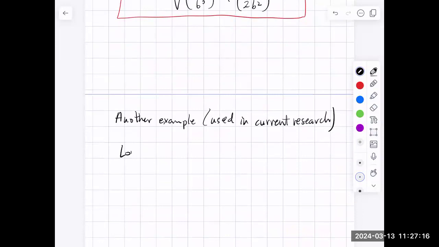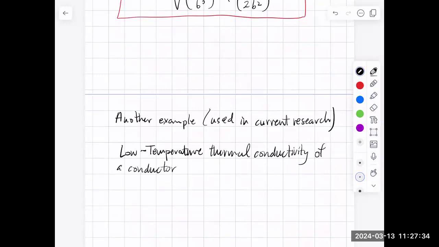So the low temperature thermal conductivity of a conductor is typically of the form. So thermal conductivity is usually denoted kappa.